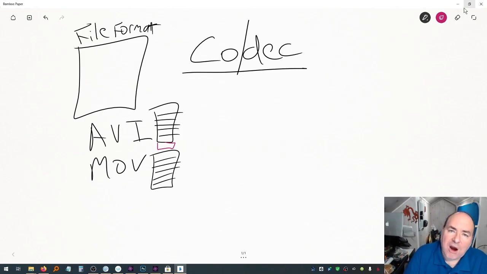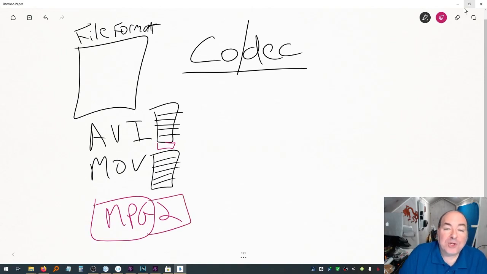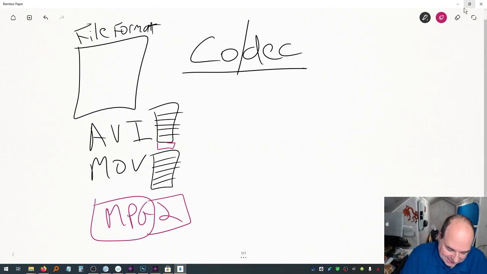For instance, the heart of every DVD uses a file called an MPEG-2. Now, MPEG is the file format, and MPEG-2 is the codec. But the good news is that most people, when they see MPEG, they just assume MPEG-2 because that's what it was. The most common video file format right now is MPEG-4, the MP4 file.